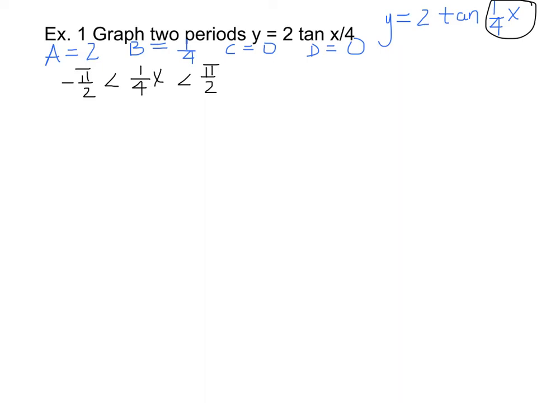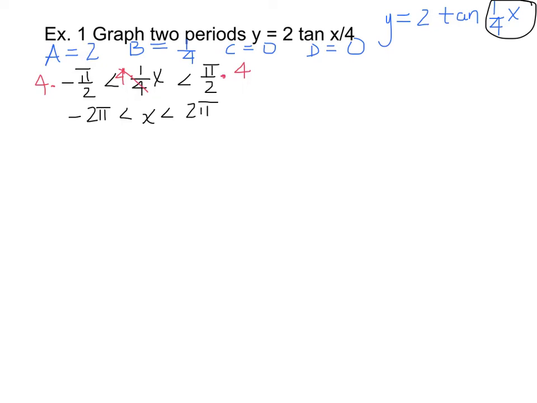The way that you solve for x or get x in the middle is by multiplying everything by the reciprocal, which is 4. You have to do both sides. So that's going to leave me with just x in the middle, which we want. And on the left, that would be negative 2 pi. And on the right, that would be positive 2 pi.